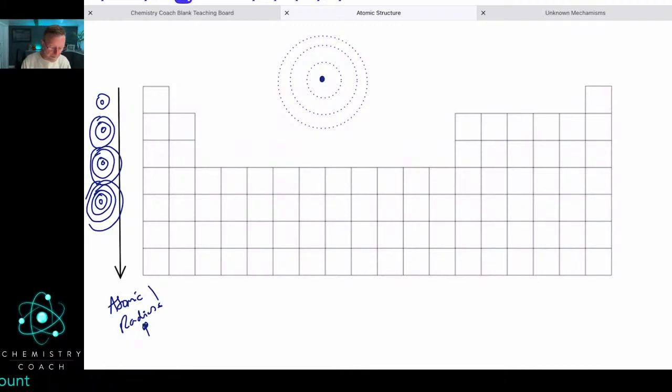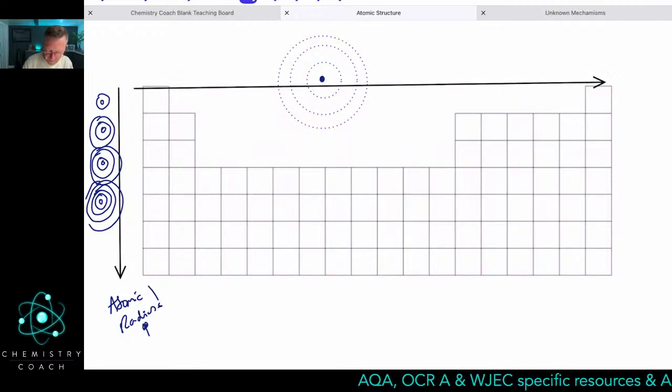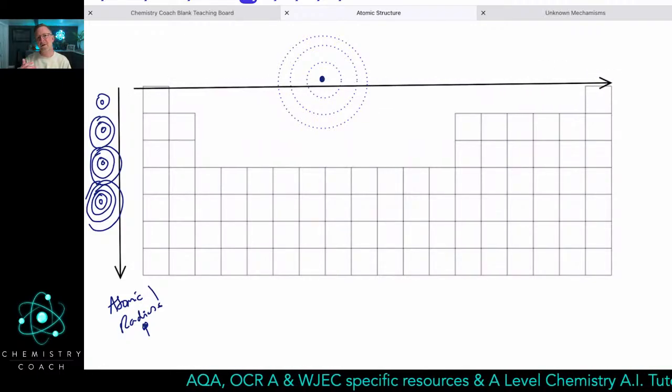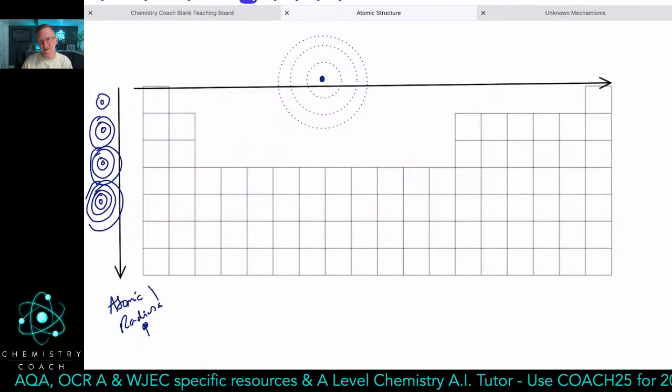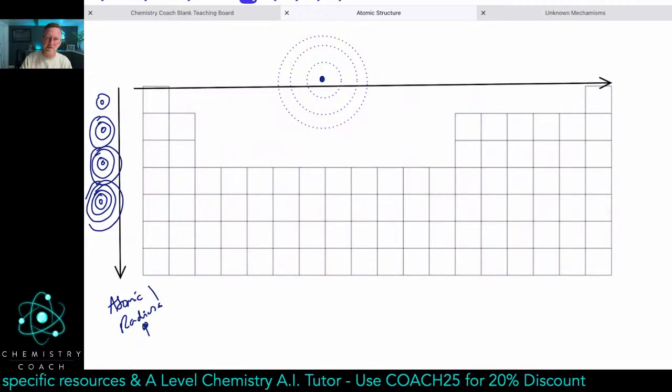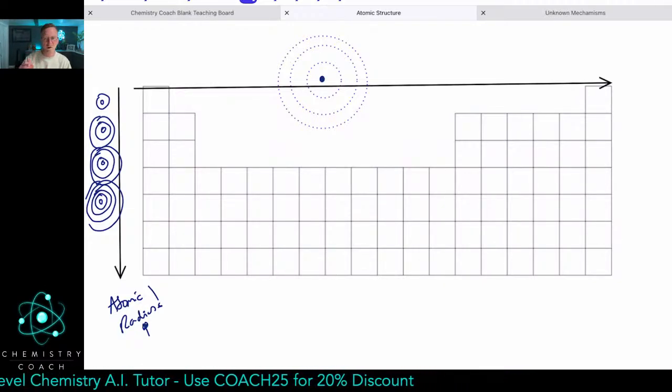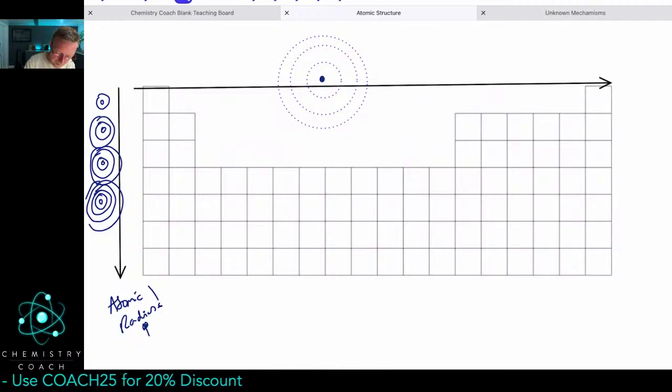It just makes sense. Question for the chat though: as we go from left to right across a period, what's happening to atomic radius? Increases, decreases, stays the same? What happens to our atomic radius as we go from left to right across any period?